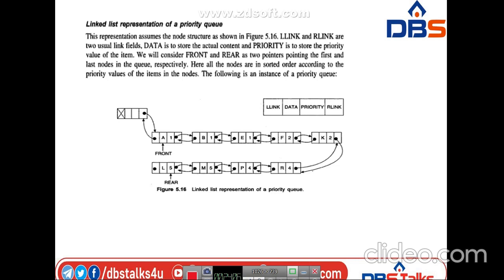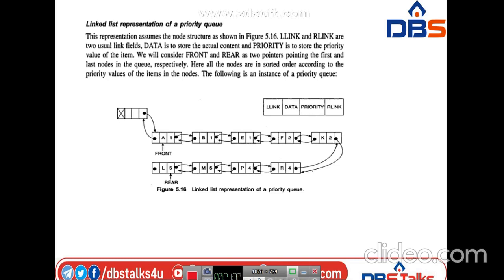of the item. Here we will consider the front and rear as two pointers pointing to the front and last nodes in the queue respectively. Here all nodes are in sorted order according to the priority value of the items in the nodes.